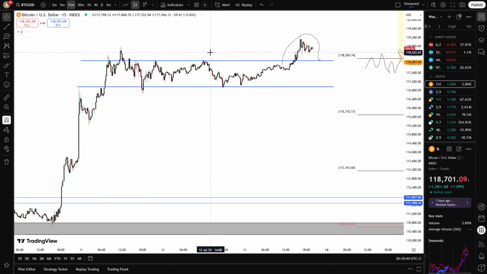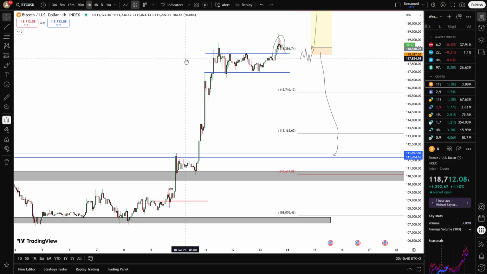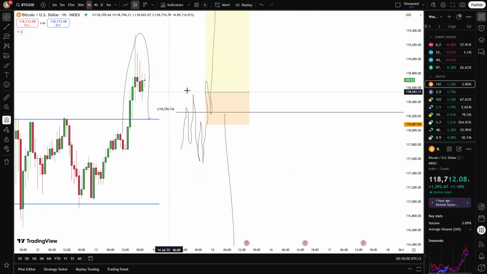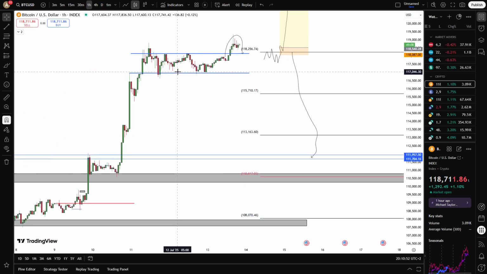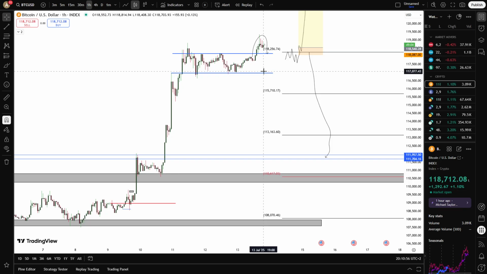So that's the point I wanted to tell you guys. But as of now, if we just hold this, it all looks good for Bitcoin, in my opinion. But finding acceptance below it should really invalidate the short-term bull mindset, and then it requires a bit more defense.